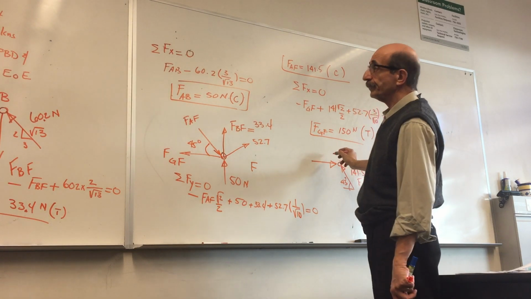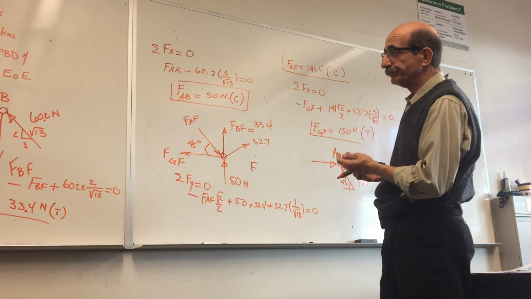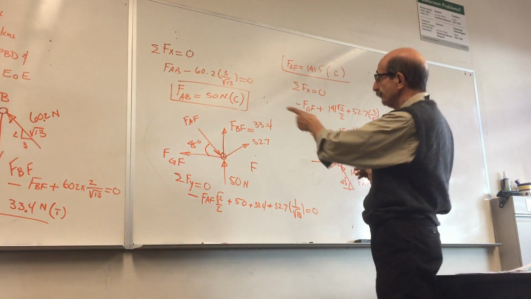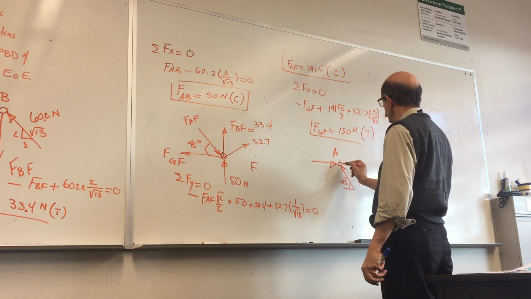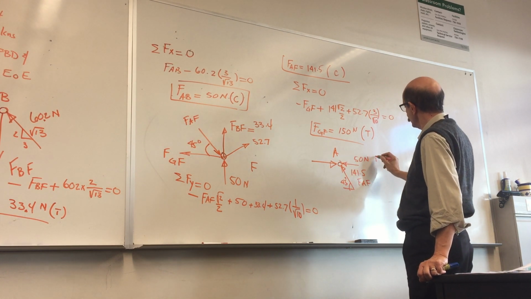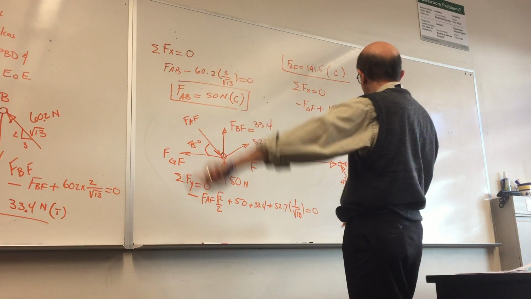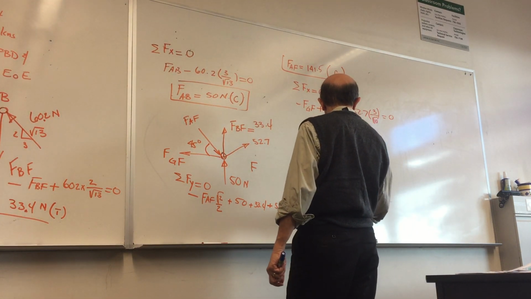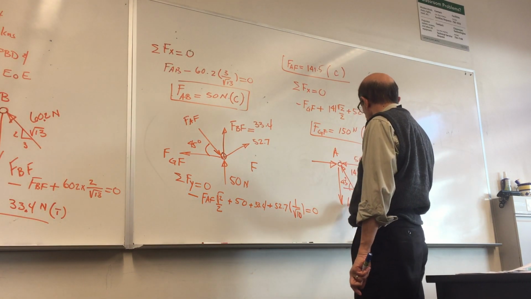So this is A, and force AB is a compressive force. So this is 50 Newton, force FAB. So the one that we are looking at is this one, force of AG.